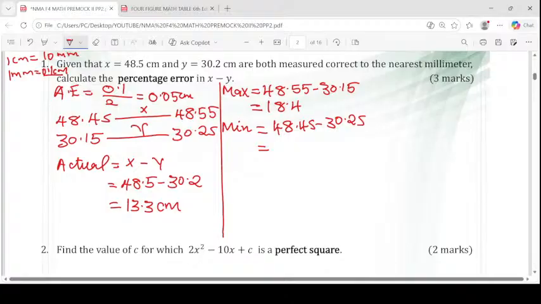So this should have been 18.3. Here, the actual difference was 18.3. I think that's where I was not getting it right. Then 48.45 minus 30.25 gives you 18.2.